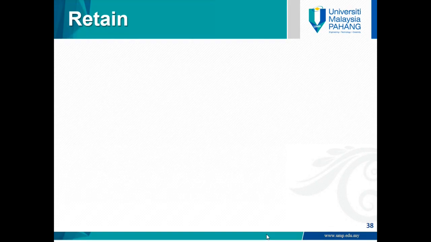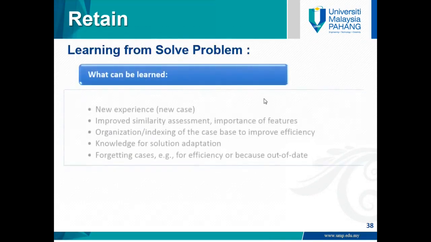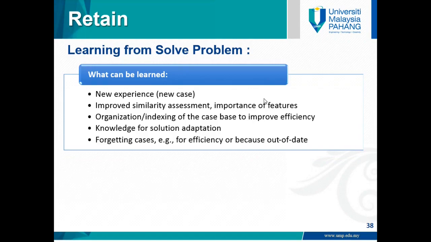So we already know that in the retain cycle, we are storing the new problem with its solution in the case base. What are the things that CBR can learn here? Different types of things that the CBR can learn. So for example, the new experience, meaning that the experience here is the new cases that are added into the case base.